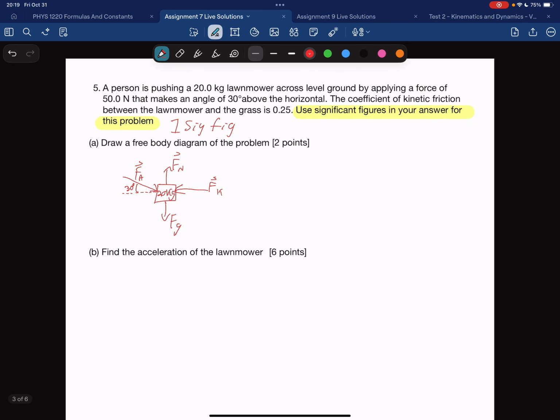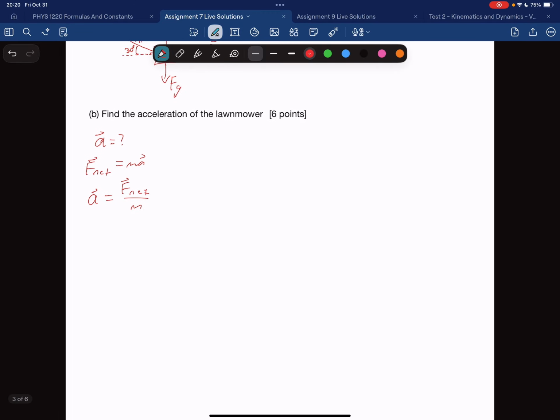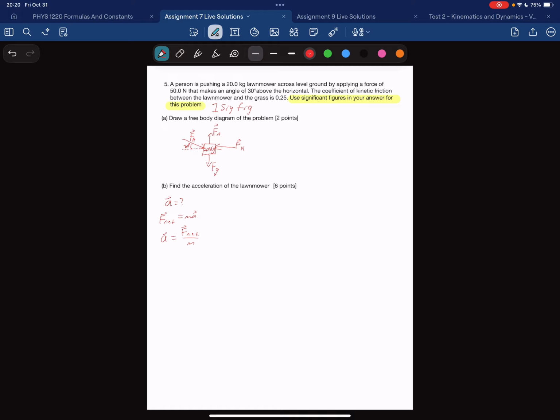So to find the acceleration, we know we're going to need to find the F net and divide it by the mass of the lawnmower. And that will give us our acceleration. Now, I'm going to solve this problem a little bit differently than I normally would, and I'm hopefully going to make this make sense.